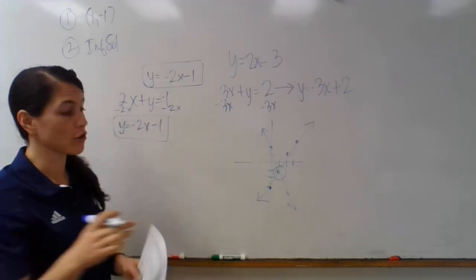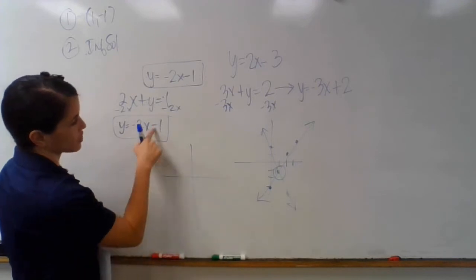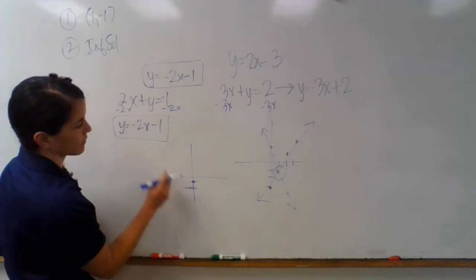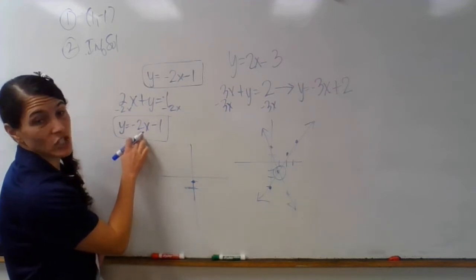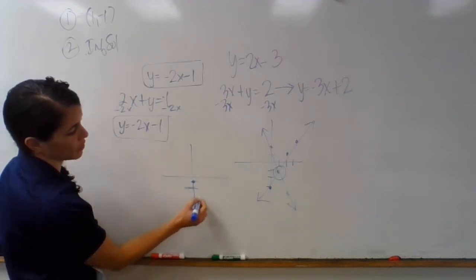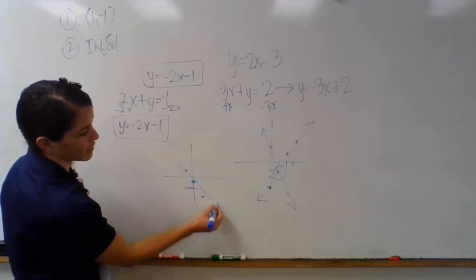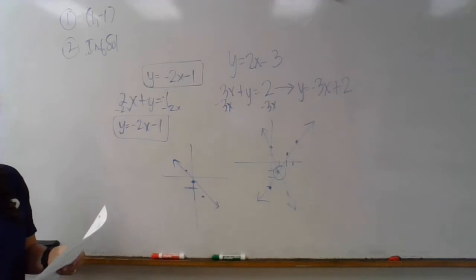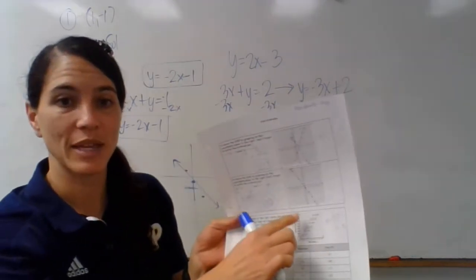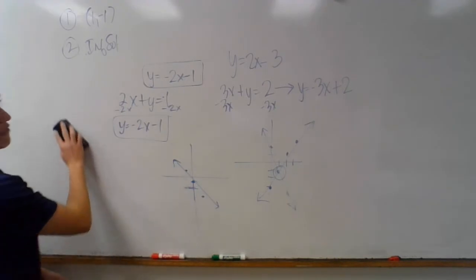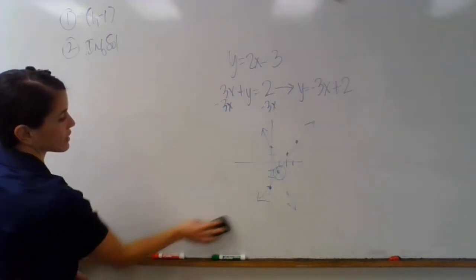So if you go to graph that, we start at -1, and then my slope is -2, so I'm going to go down 2 over 1, or I could go up 2 over 1 the other way. And when I graph, I see that my line is going to be the same. So it's infinite solutions because they're intersecting everywhere.